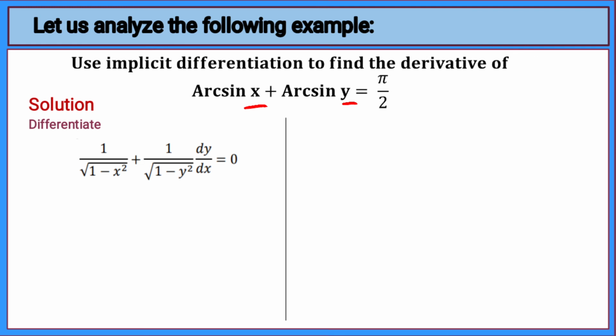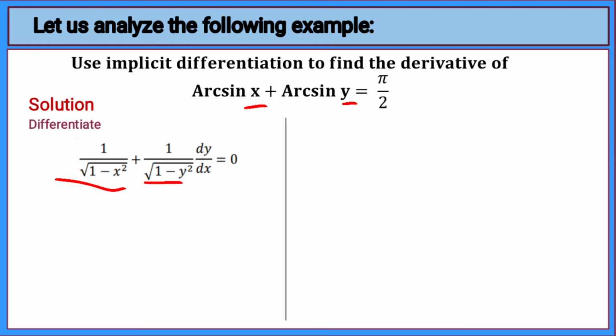So for the derivative of arc sine x, we have here 1 over square root of 1 minus x squared, plus the derivative for arc sine y, which is 1 over square root of 1 minus y squared, dy over dx.